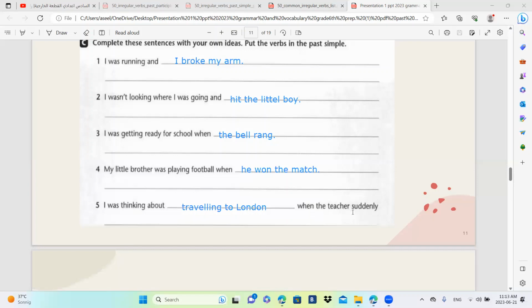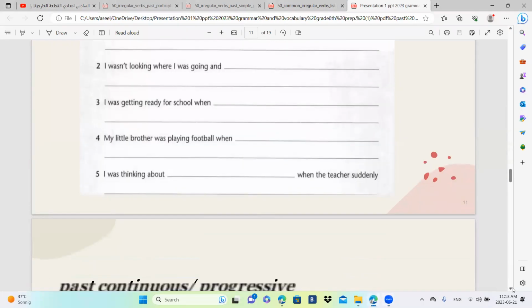When the teacher suddenly asked the question, or asked me to answer the question. The question, okay? You can write your own sentences, your own complements, for the sentences to be meaningful. Okay? Thank you. Now let's go to the other part.